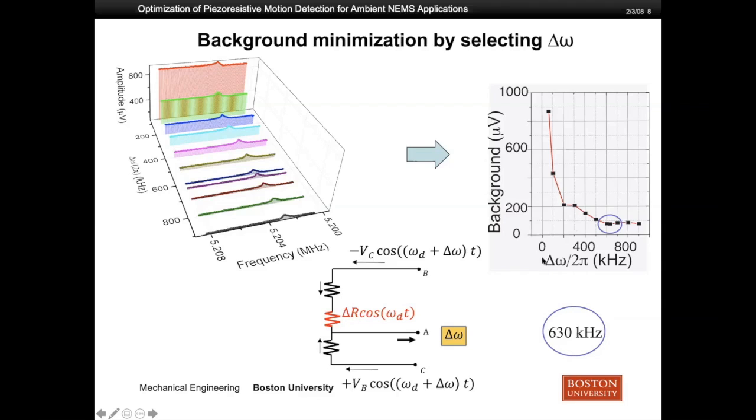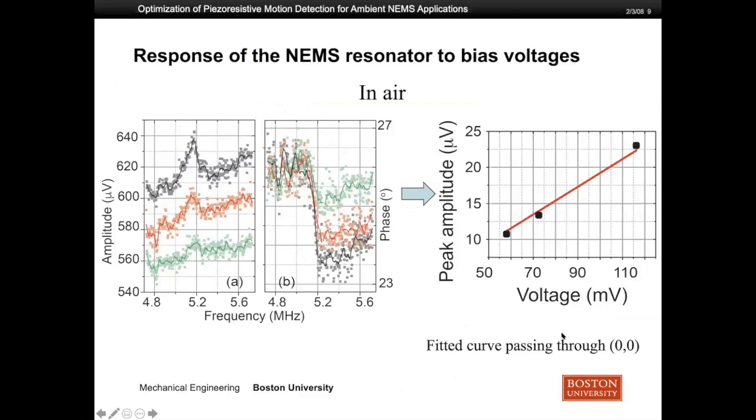You can see as the mix down frequency increases, the background decreases at the beginning, reaches a plateau, and then increases a little bit later. Based on this study, we get the idea that background minimization happens when the mix down frequency is 630 kilohertz.